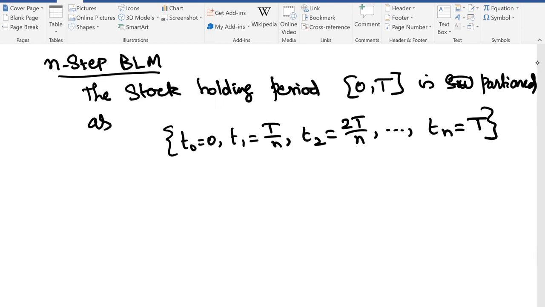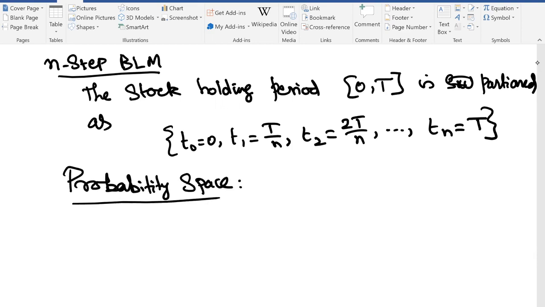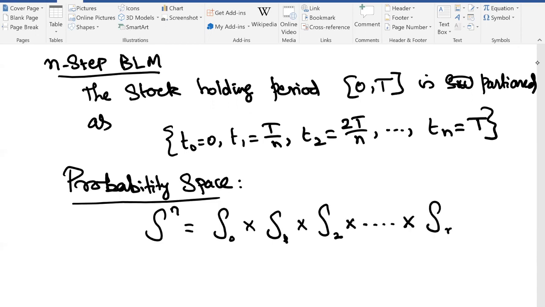And then the probability space is given by the n-dimensional sample space like this, which is the sample space at the first level, sample space at the second level, sample space at the third level, and so on till the final level, which is the n minus 1th level, to reach the stock at the nth level. That is how you have to read it.